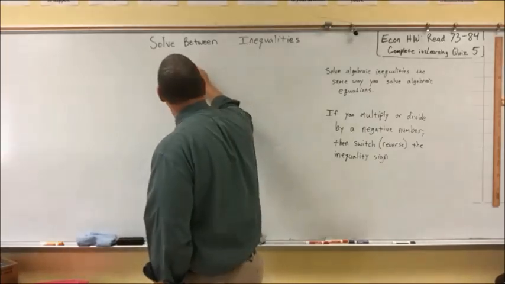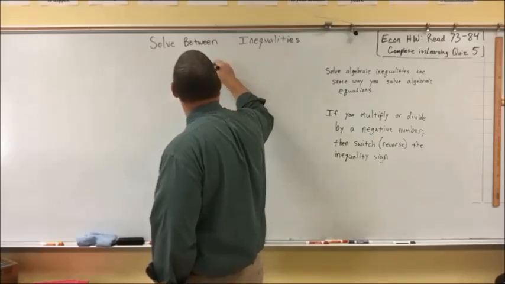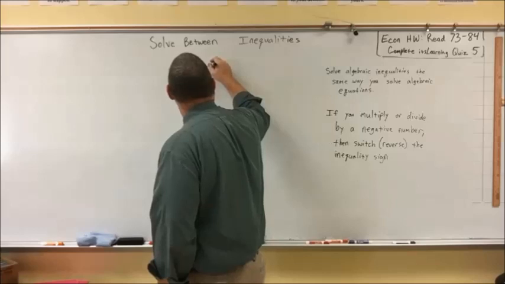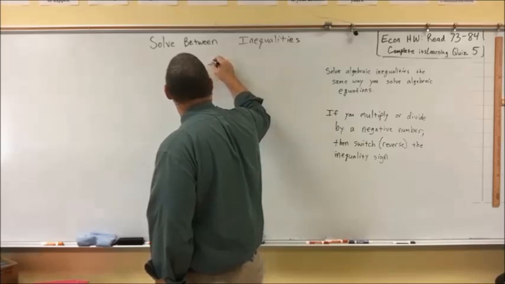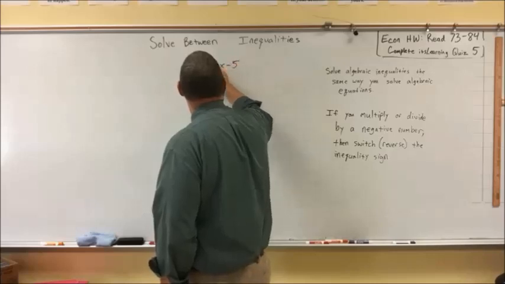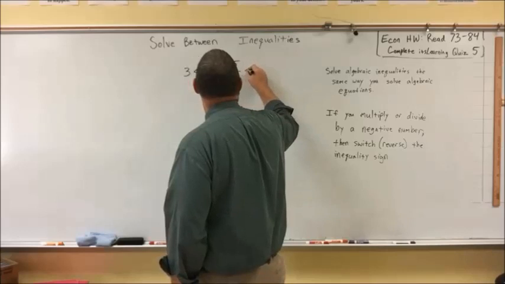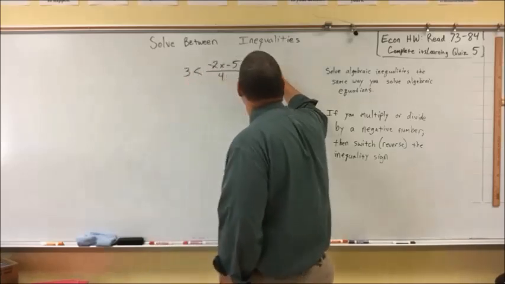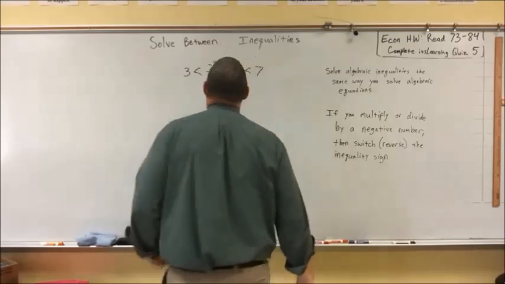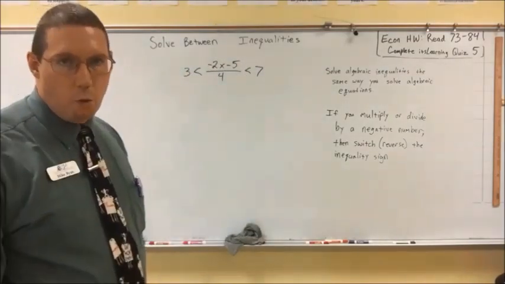Let's say that we have a 3 over here, and let's say that 3 is less than negative 2x minus 5 over 4, and we'll say that that's less than 7. So we've got this between inequality.